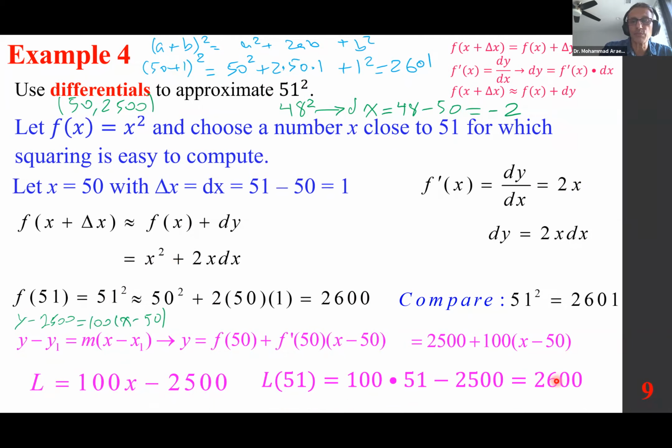And that must be identical to what you got with the method of differentials. The method of differentials and linearization must give us exactly the same answer. Otherwise, we have made a mistake. And as I mentioned, try 48 at home.